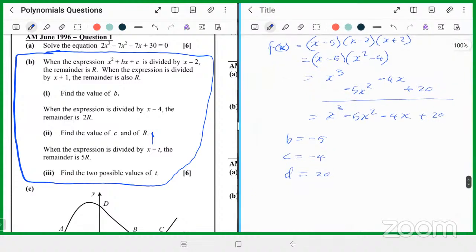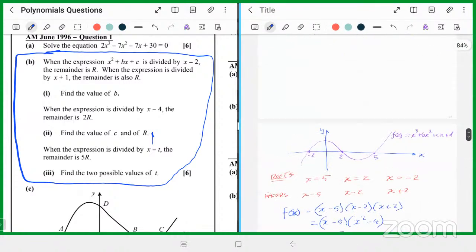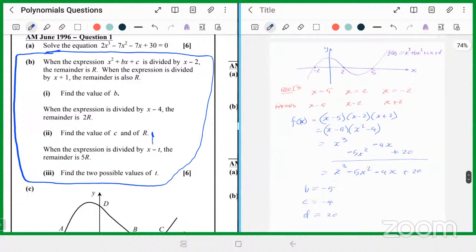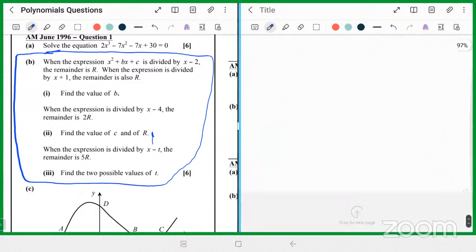Which paper is this? All right, let me do it here. So basically it's just plugging in the information that I give you into the factor theorem and the remainder theorem, and setting up equations based on the information.